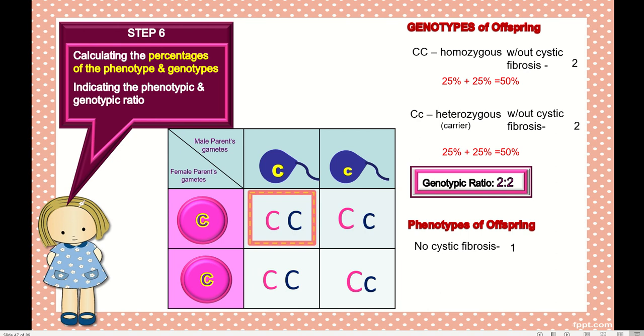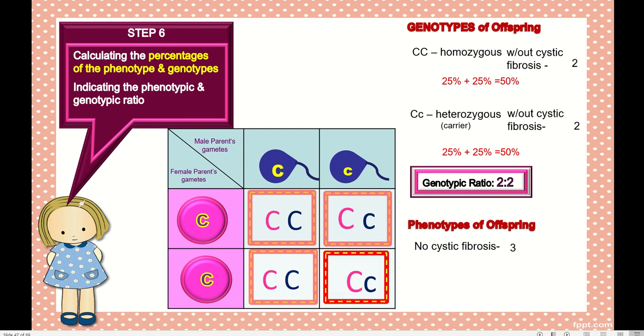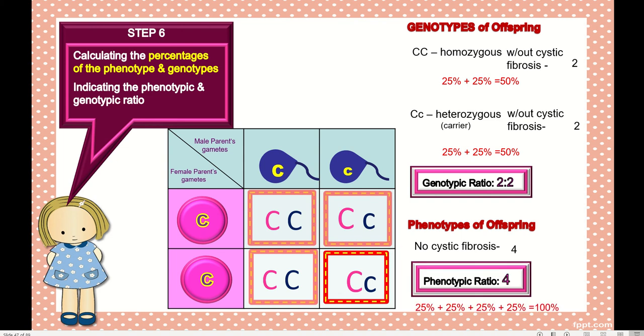This one, capital C and small c, without cystic fibrosis, it's a dominant trait, so we'll have no cystic fibrosis, that would be 2. And this one, of course, no cystic fibrosis, that would be 3. And again, this one, no cystic fibrosis, 4. So in fact, we don't have a ratio. But if we take a look at the percentages, no cystic fibrosis is 100%. So this is step 6. This is the result of our genotype.